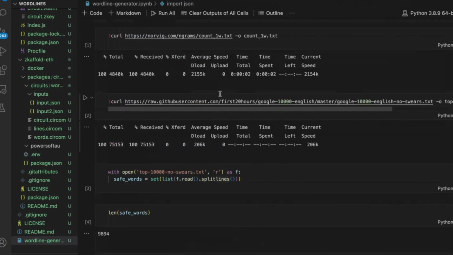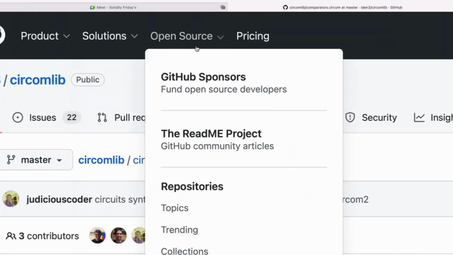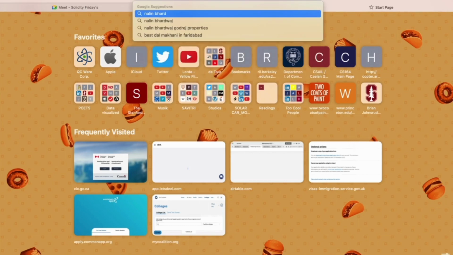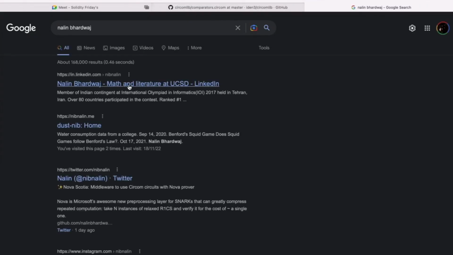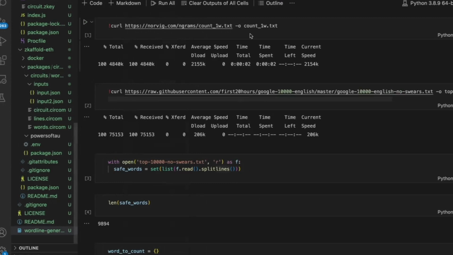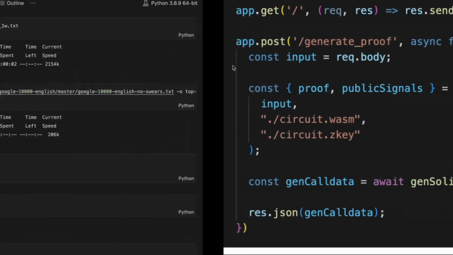Sorry, who did you say made this code again? What's his name? This is Nalin, nibnalin on nibnalin.me. Yeah, we can add a link to the screencast or something.